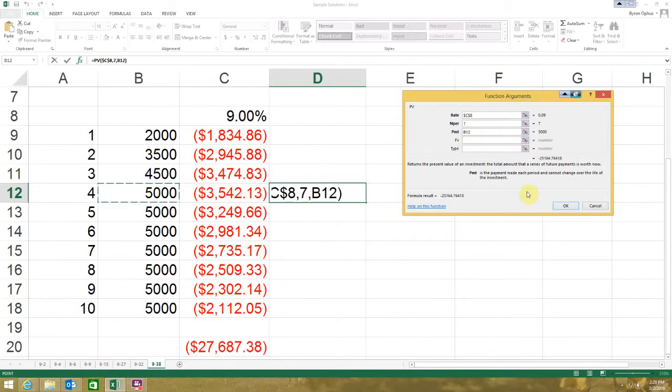This tells me it's 0, that it's at the end of the period. So if I'm receiving this at the end of year 4, my calculation has to be for the beginning of year 4, which is the same as the end of year 3. I hope that makes sense.